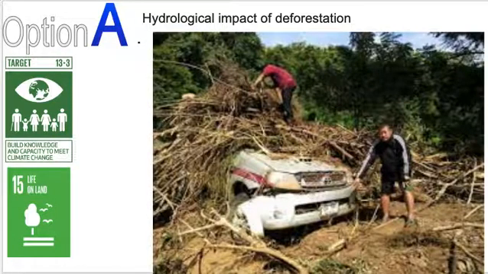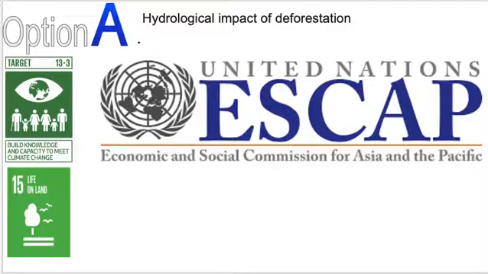So the worst affected areas were in the Lamsok district in the mountainous north-central province of Phetchaburi. But here there were massive landslides. It's no coincidence that the largest landslides occurred in the areas with greatest deforestation. ESCAP, which is part of the United Nations, criticised Thailand for ignoring their recommendations to control flash flooding.